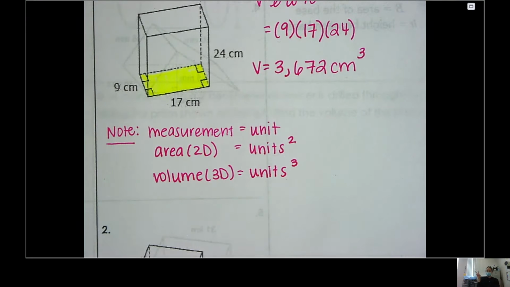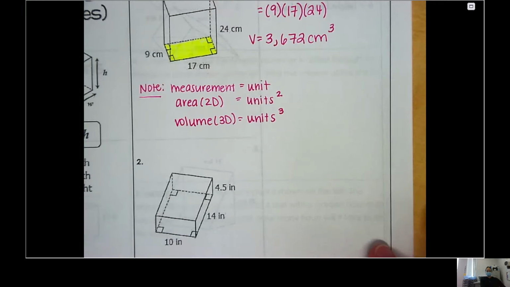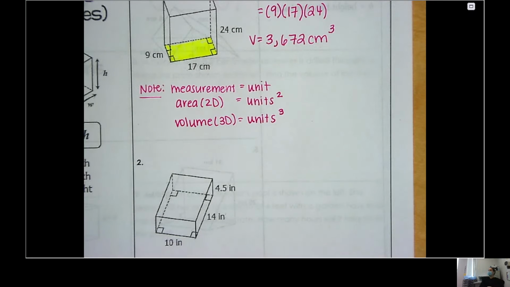Give number 2 a try, and we'll see if we get the same answer. So try number 2, highlight your base, and then I want you to do the volume of it.